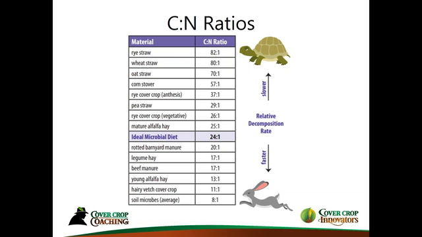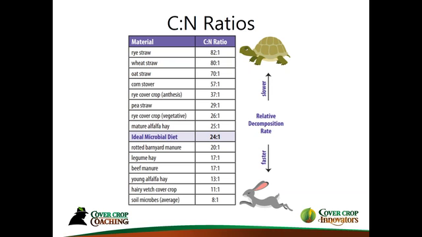So in any living crop, as it matures, the C/N ratio gets higher. Now, the grass type crops like cereal rye, wheat, oat straw, corn fodder, things like that, they're going to have high C to N ratios. They're more mature. There's more carbon in relation to the nitrogen when you break it down.